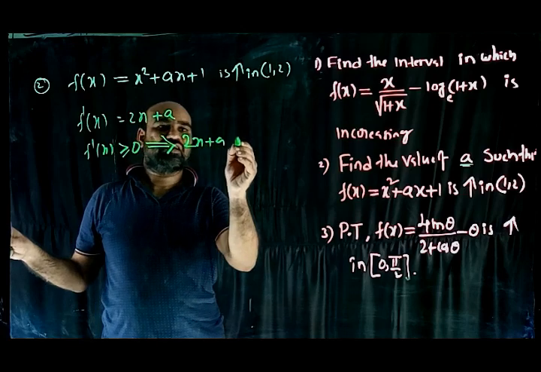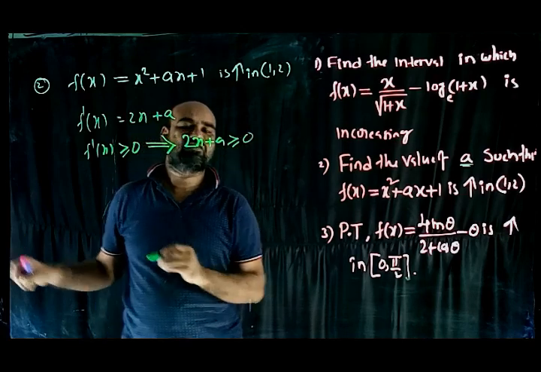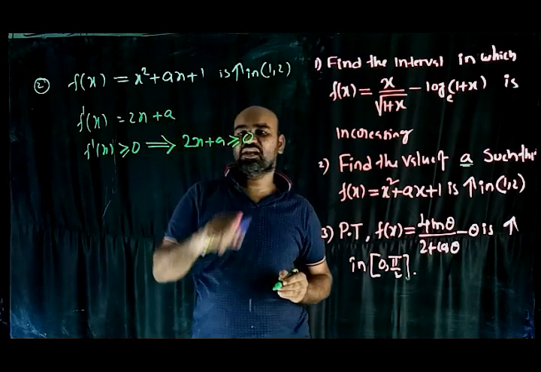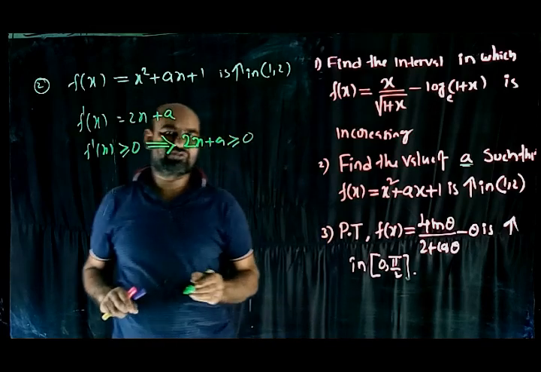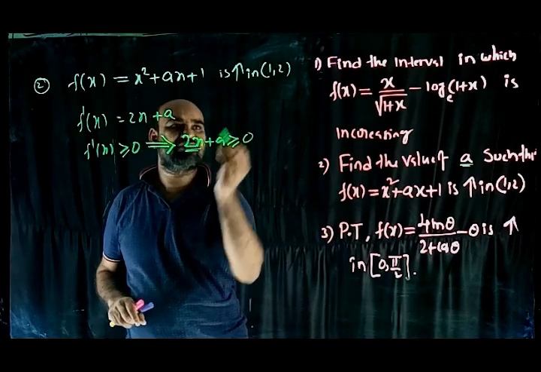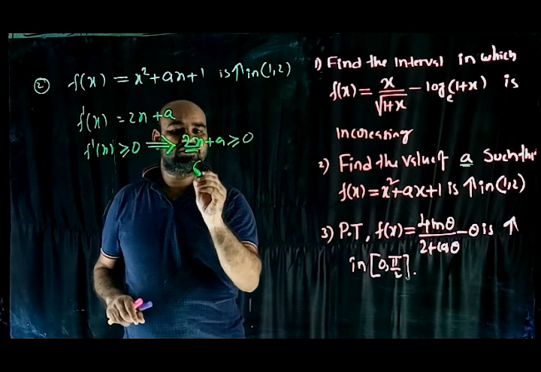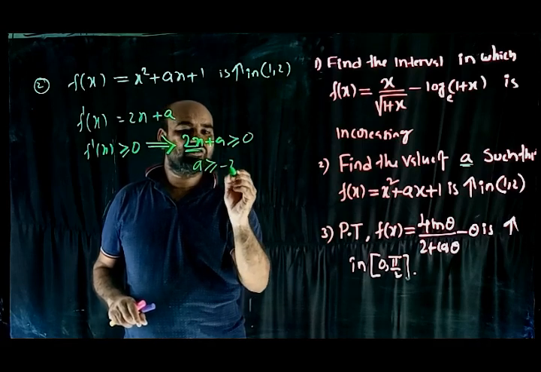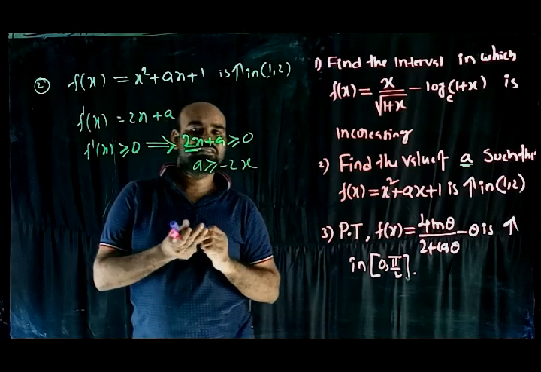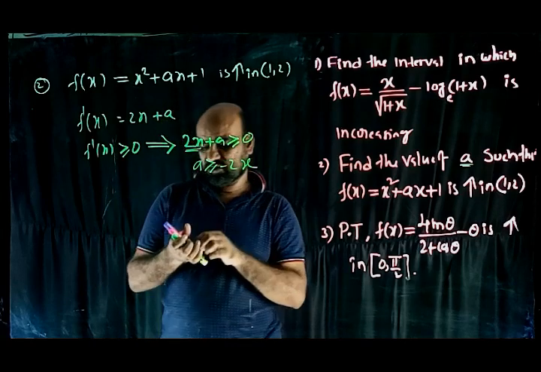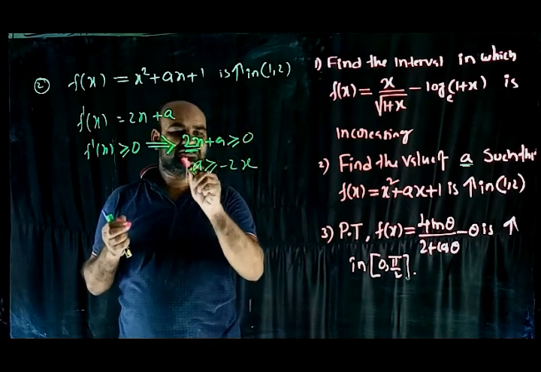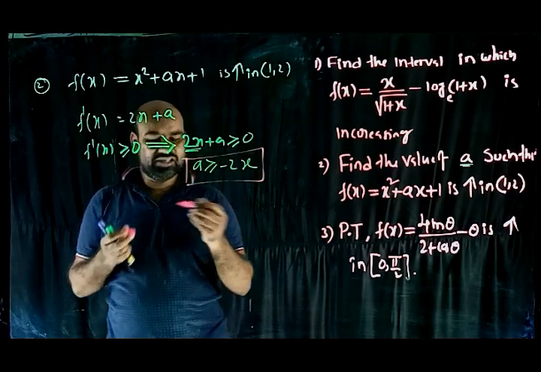Greater than or equal to 0. So 2x plus a greater than or equal to 0. Such a value we have to find, but x lies between 1 to 2. So a greater than or equal to minus 2x, you can write this. We got this relation. Next, what is given here?